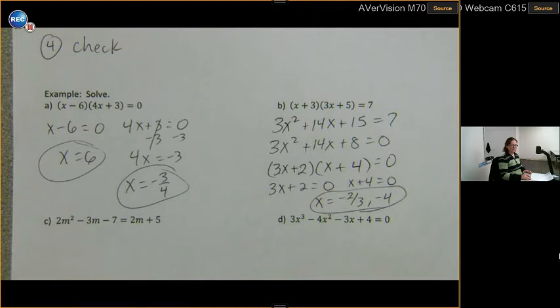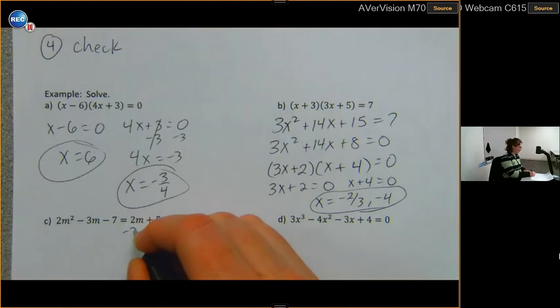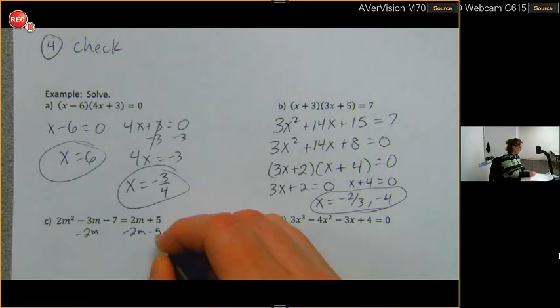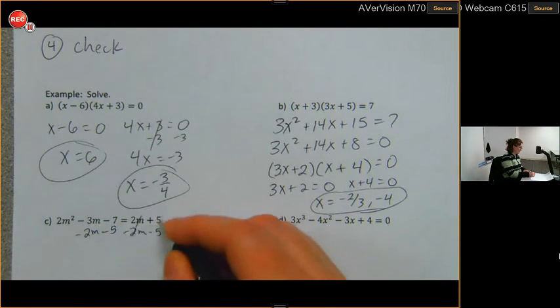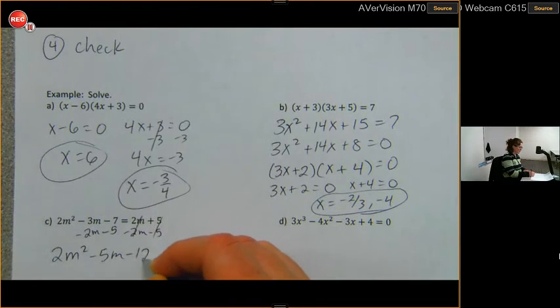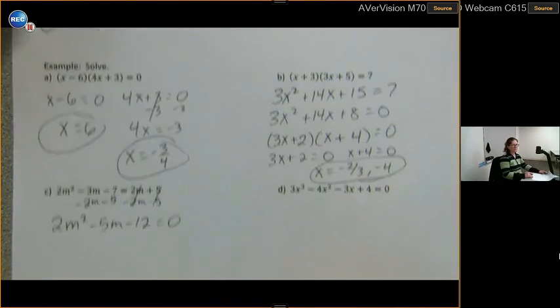Part C, we want to write it in standard form. So I'm going to move the 2m. I'm going to put it under its like term. And I'm going to move the 5 to its like term. So we have 2m squared minus 5m minus 12 equals 0.